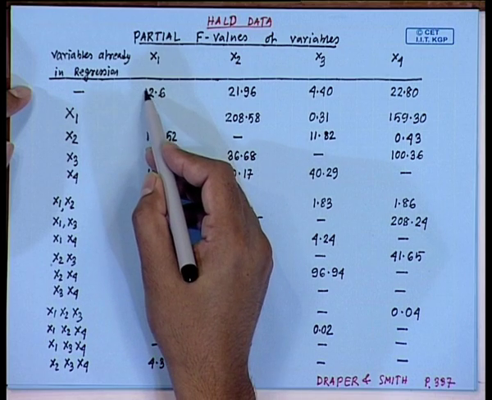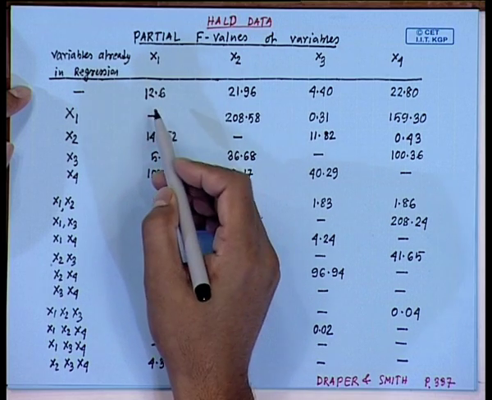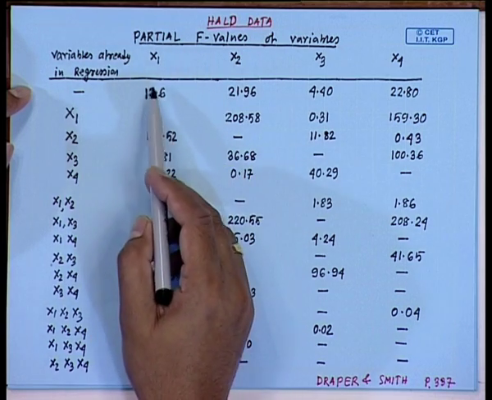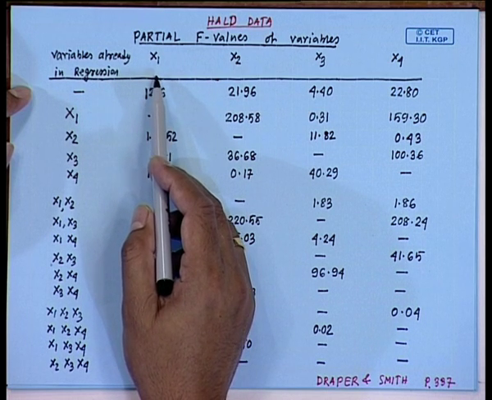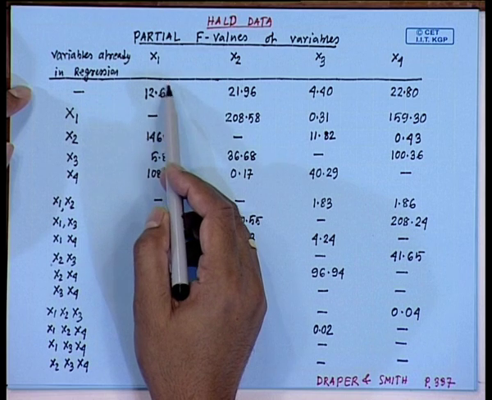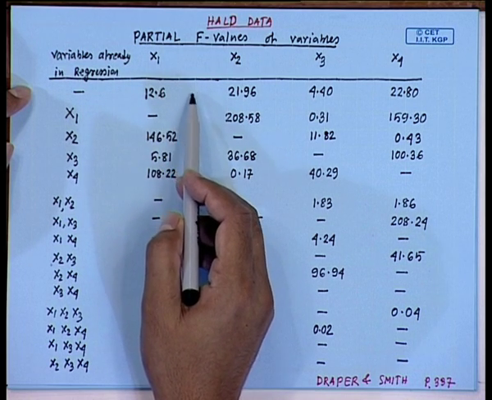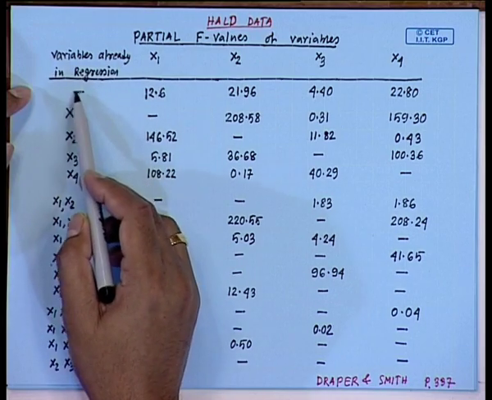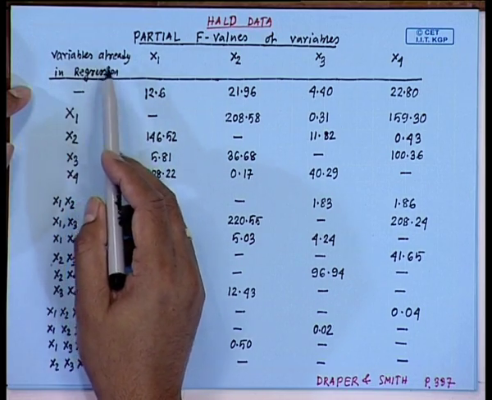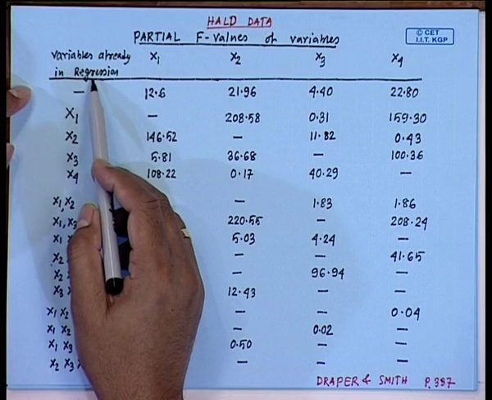So, this 12.6 is the F value for the model y equal to beta naught plus beta 1 x 1 plus epsilon, and there is no other regressor already present in the model.